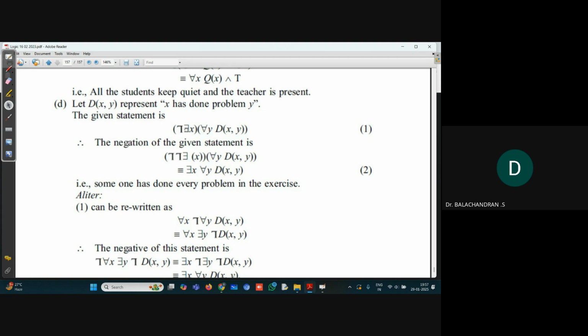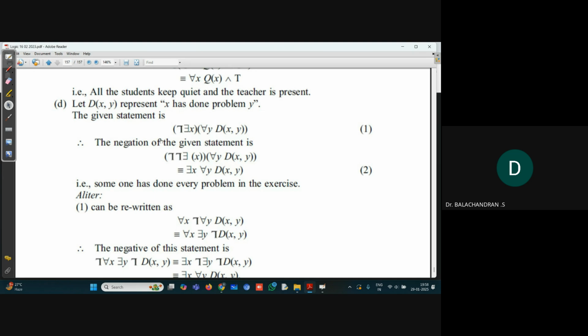If I don't have negation here, then you have someone solved every problem, but I need no one solved every problem. So that's why I'll put negation here. So negation of there exists x.